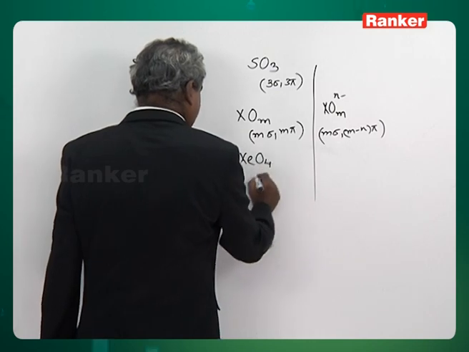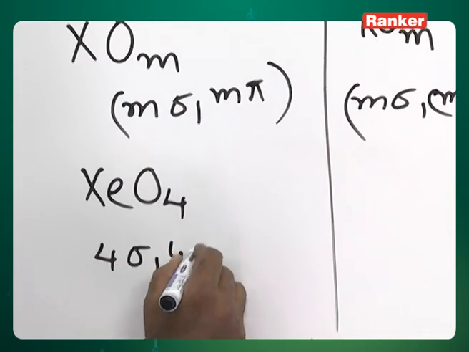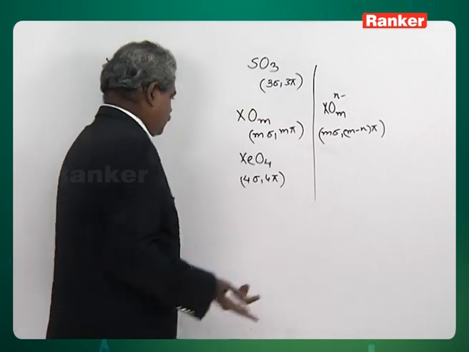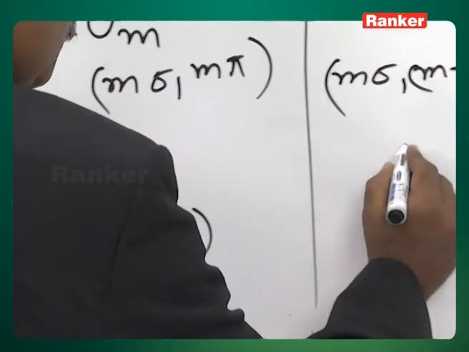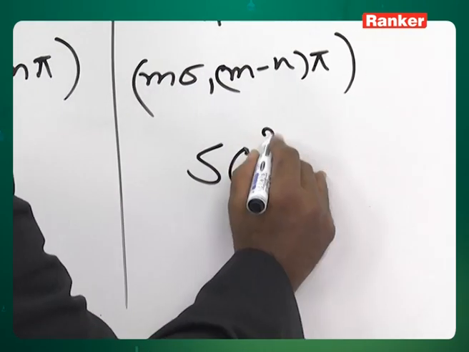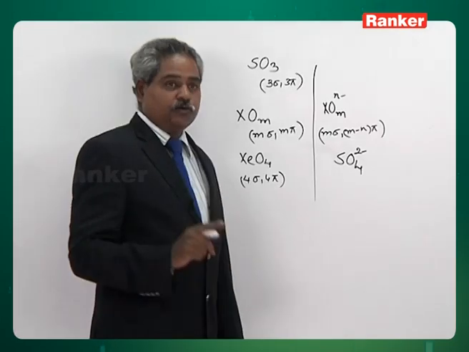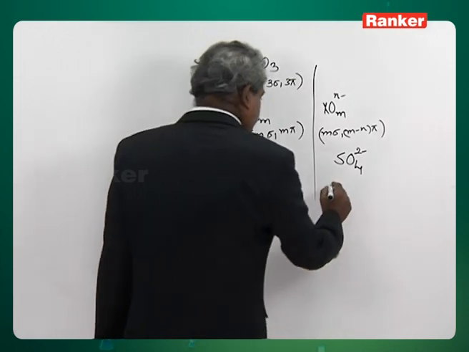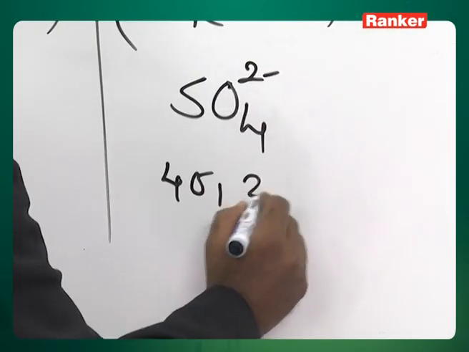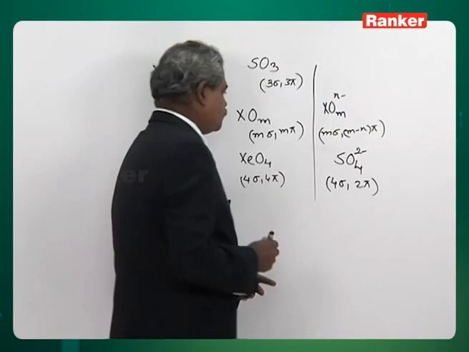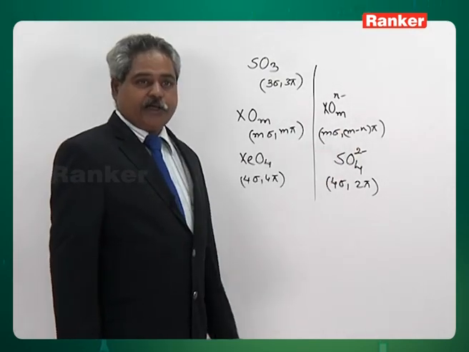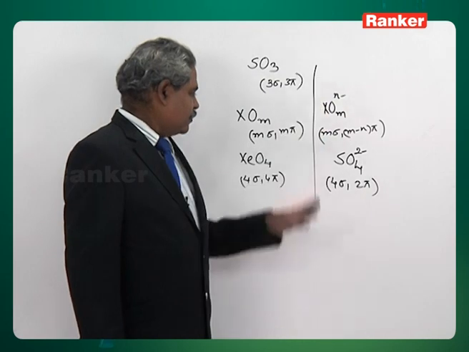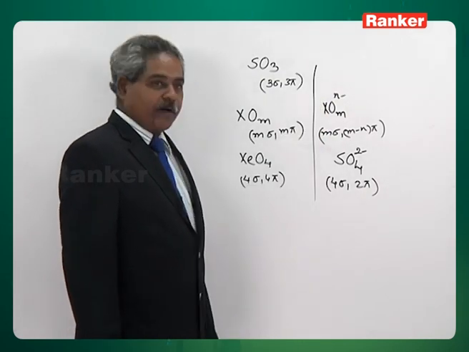XeO4, what can you say about it? 4 sigma, 4 pi. How? You have 4 oxygens, 4 sigma, 4 pi. What about SO4 2 minus? 4 sigma and only 2 are pi bonds. Why? Out of the 4 oxygens, 2 of them are minus. 4 sigma, 2 pi.